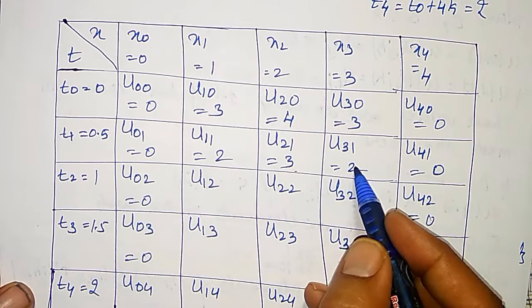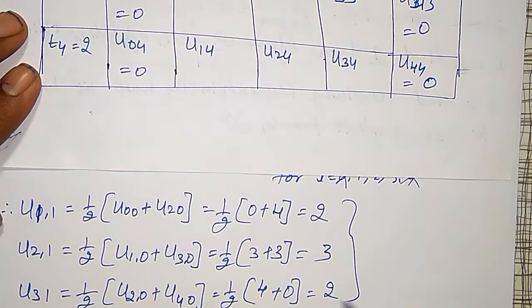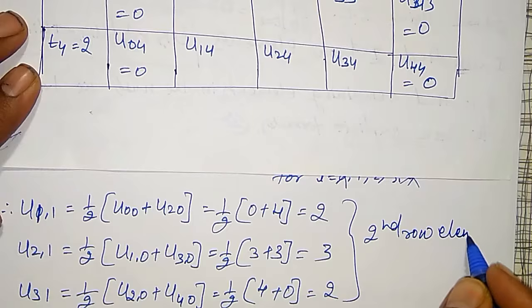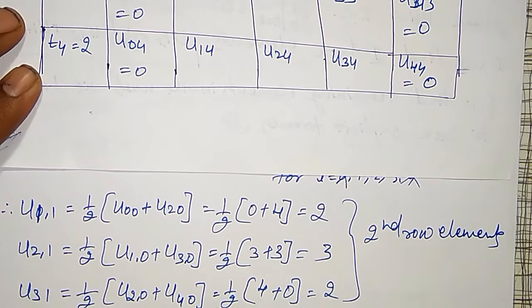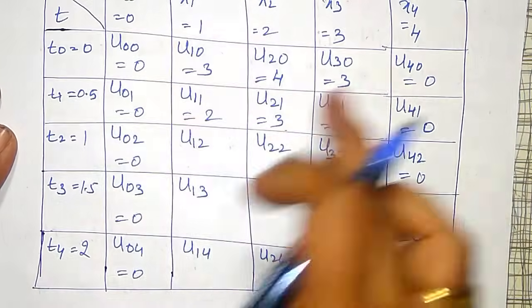These are nothing but the second row elements I calculated. Therefore, using all 4 conditions I calculated 2 columns and 2 rows.